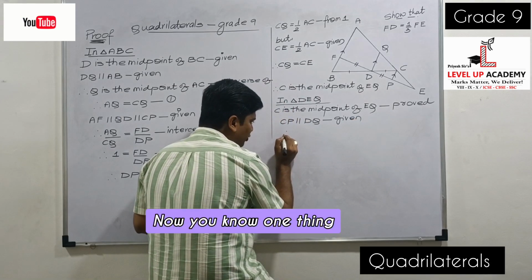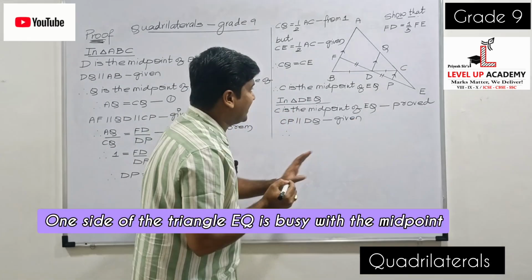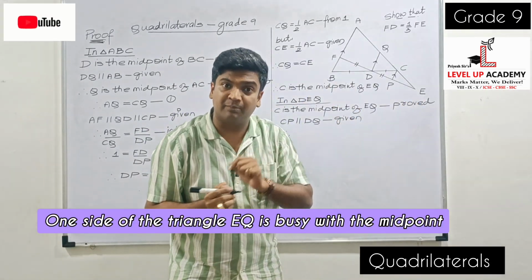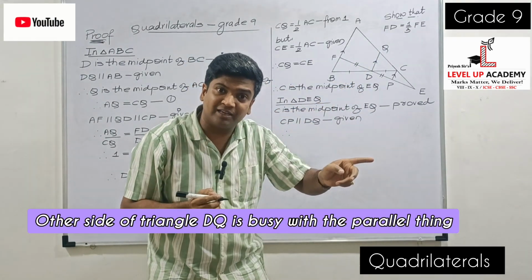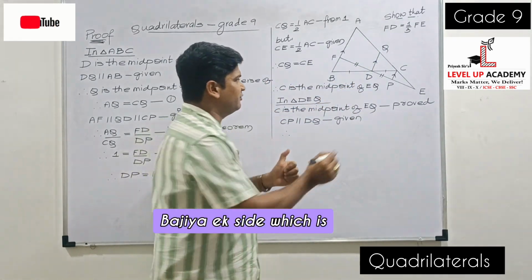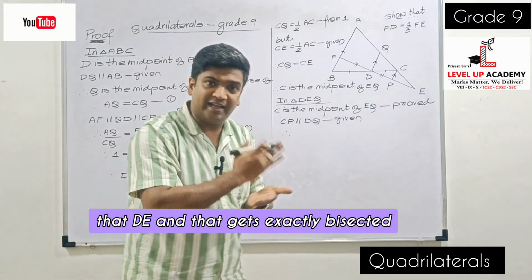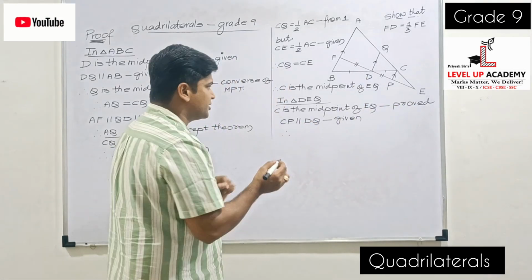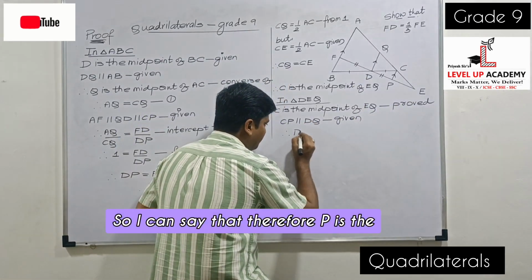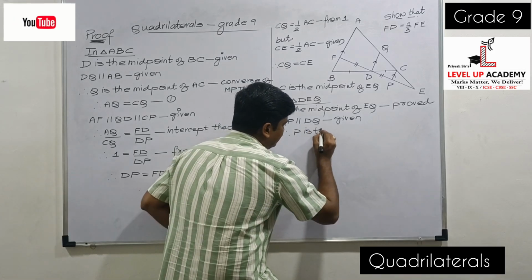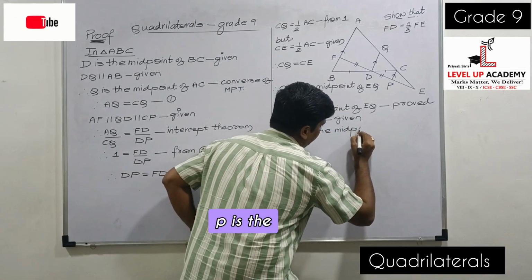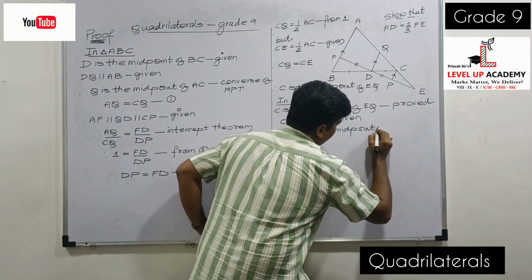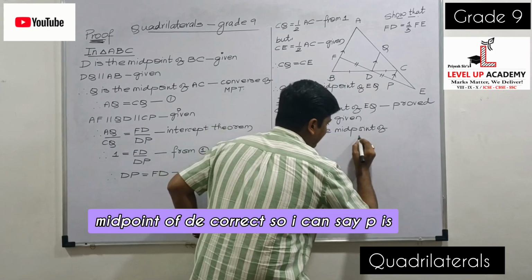Now you know one thing: one side of the triangle, EQ, is busy with the midpoint, and another side, DQ, is busy with the parallel line. But the third side, DE, gets exactly bisected. So I can say that therefore P is the midpoint of DE.